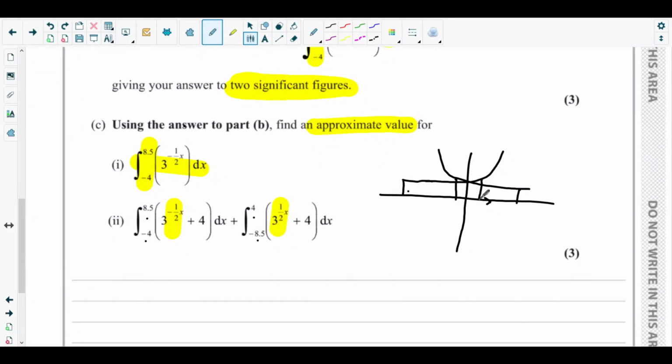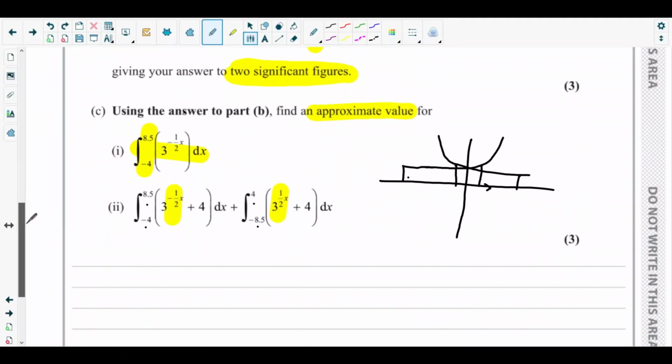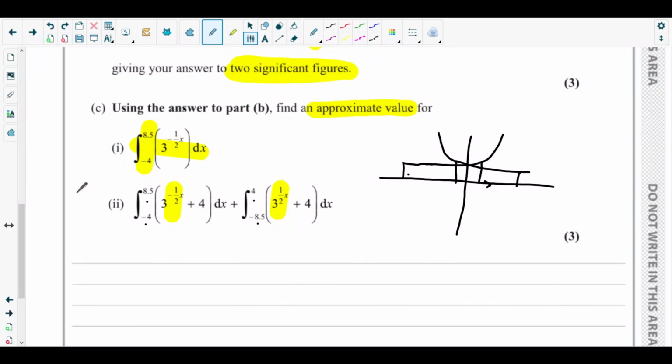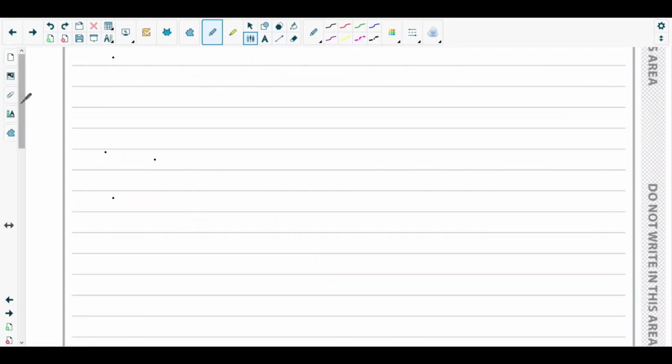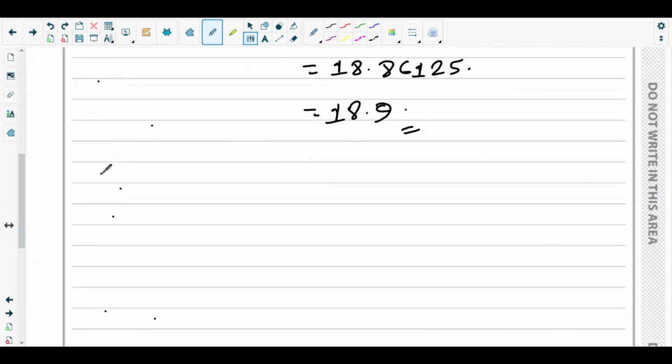So basically the area remains the same, since the curve has just been reflected. That means the value for this integration is twice the answer of part B.